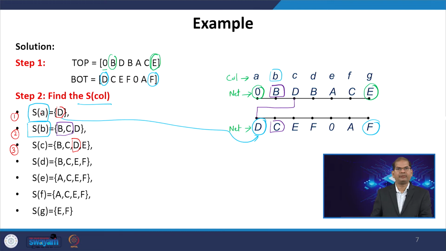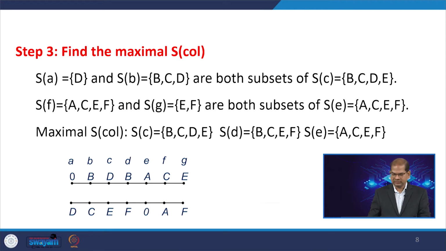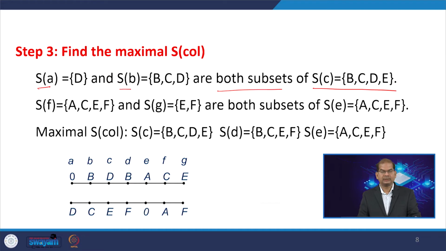So, I do not need to represent S of A. Similarly, B, C, D of S of B is also there in S of C. So, S of A and S of B should not be considered, as both are subsets of S of C. Similarly, S of F and S of G are both subsets of S of E.